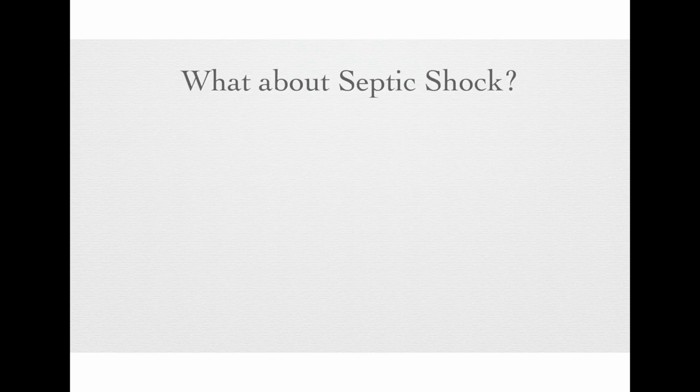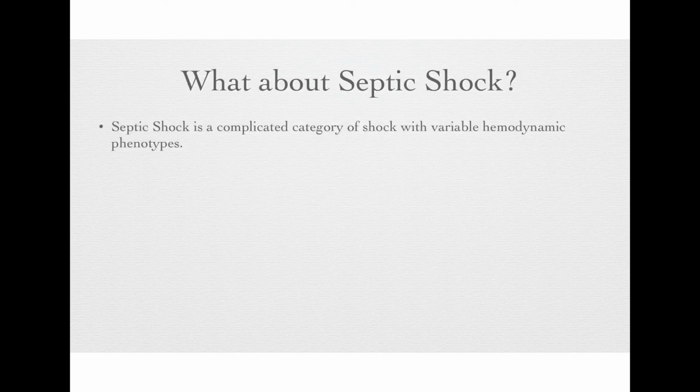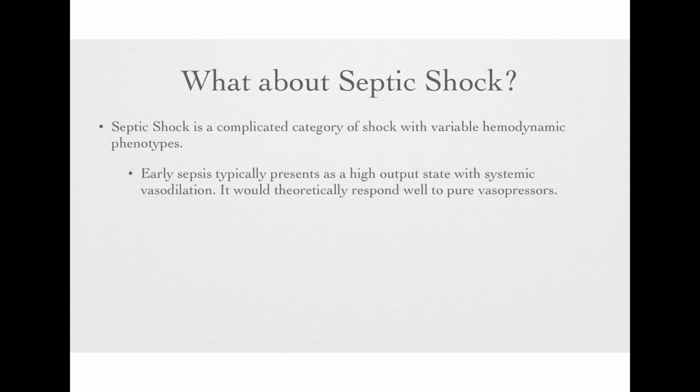Septic shock turns out to be one of the more complicated forms of shock in terms of treatment, since its hemodynamic characteristics can be different from patient to patient and different over time in the same patient. Traditionally, early sepsis will present as a high cardiac output state with an isolated decrease in systemic vascular resistance.